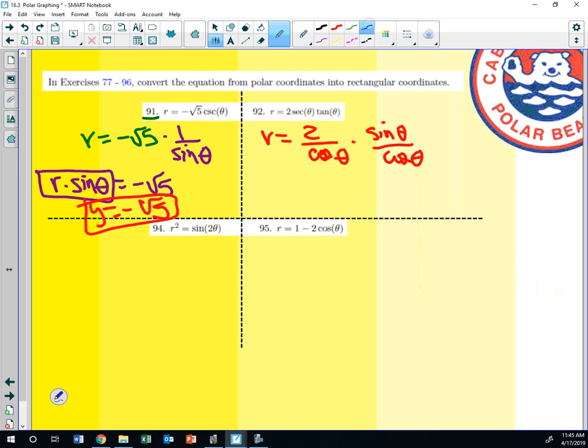I'm going to move cosines, multiply both sides by cosine. 2 times the sine.